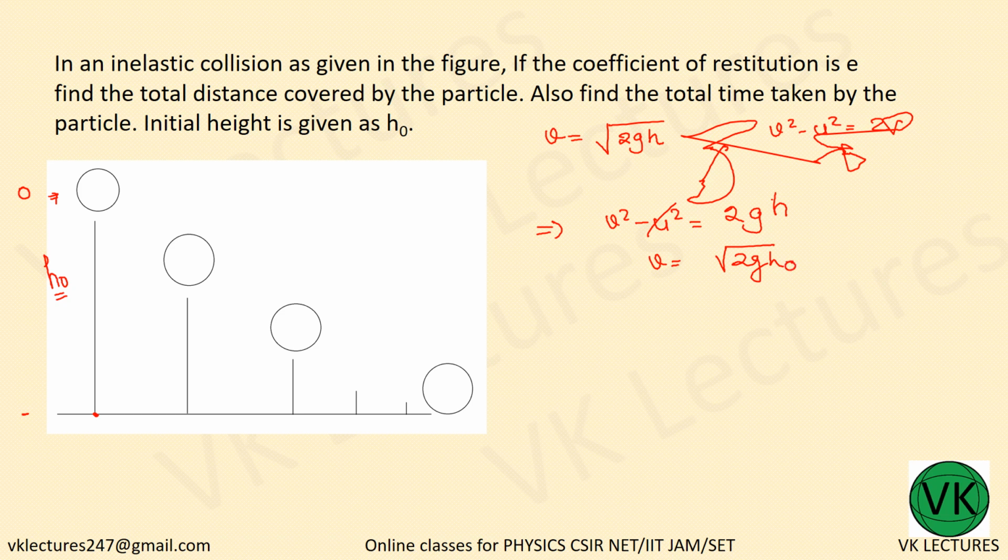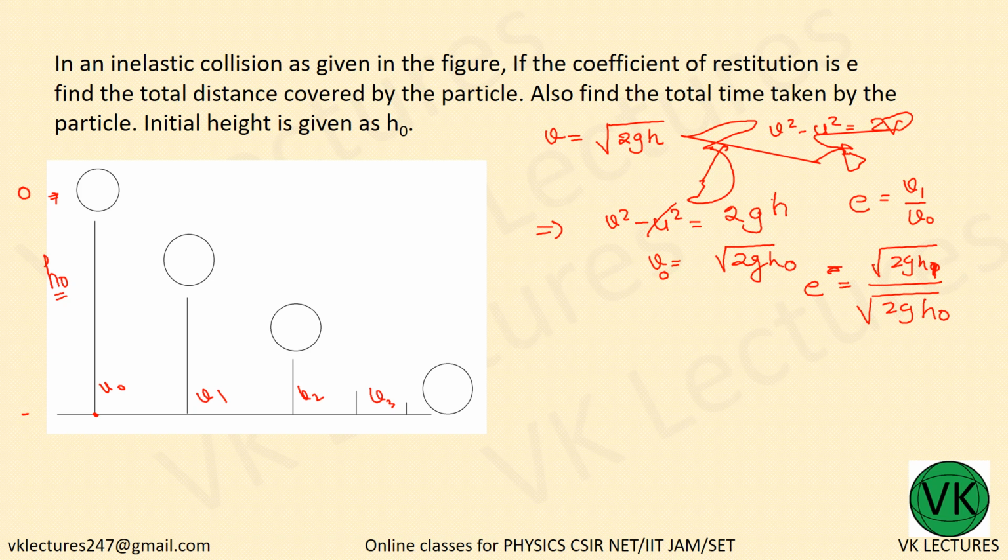Here you have to write h naught indicating v naught, so this will be v naught, this will be v1, v2, v3 etc. Fine. Now what is given is e, which is V1 divided by V naught, which means V1 is under root 2g h1 divided by under root 2g h naught, that is equal to e, the coefficient of restitution.